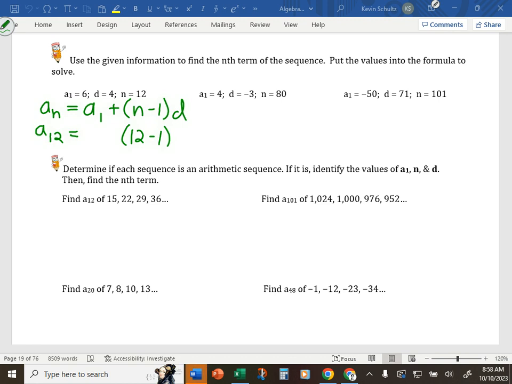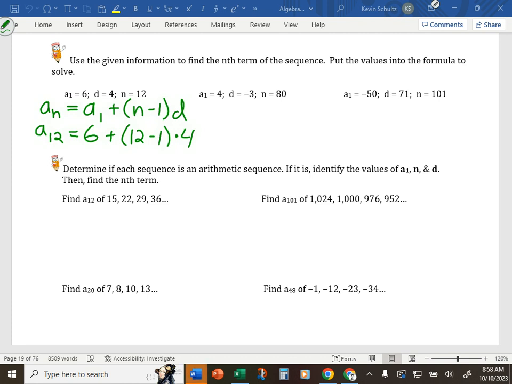James? 6. A1 equals 6. That tells you this sequence is starting at 6. And we're adding 12 minus 1. And what is the pattern? 4. Adding 4 or subtracting 4? Adding 4. Okay? So it's going to be a positive 4 times positive 4.